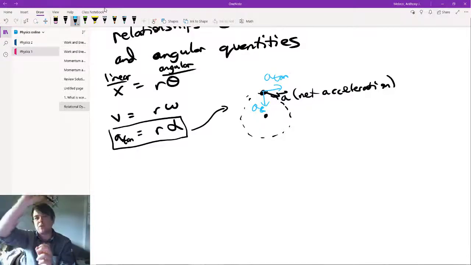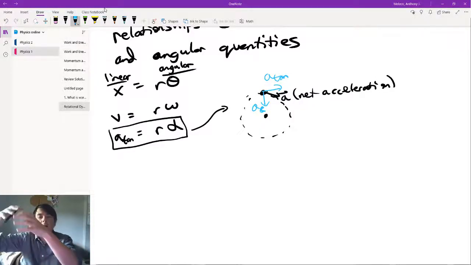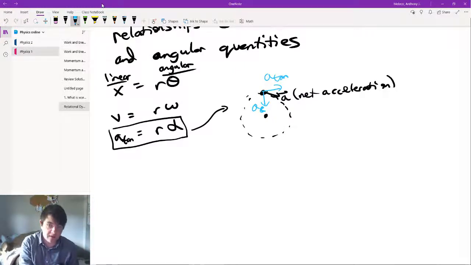So you've got some object that's moving to the right, maybe a ball with a rope on it, and you're pulling inward on it. That causes an acceleration inward. You're constantly pulling it in towards the center while it's moving tangent, and that is what causes rotation, and what causes these three accelerations to exist.